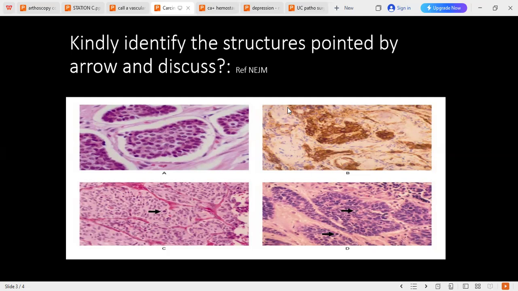Then inside there are epithelial cells, and there are a few enlarged or deformed enterochromaffin cells inside, in the central part of the slide.